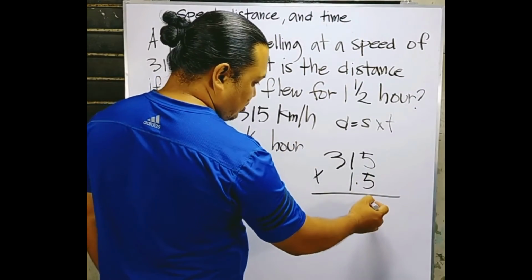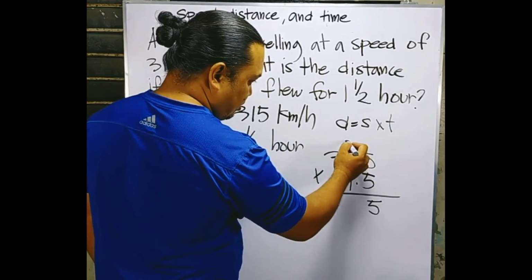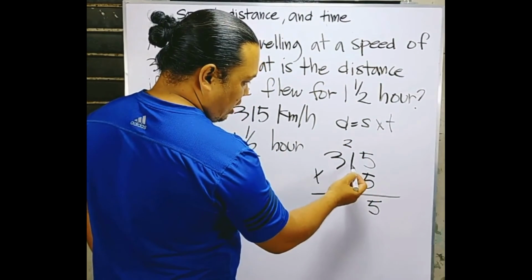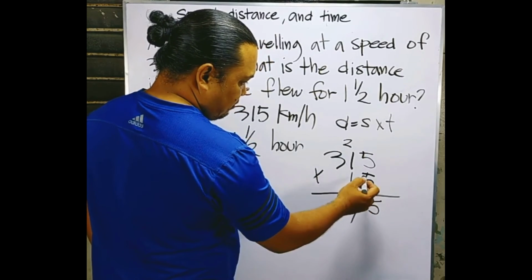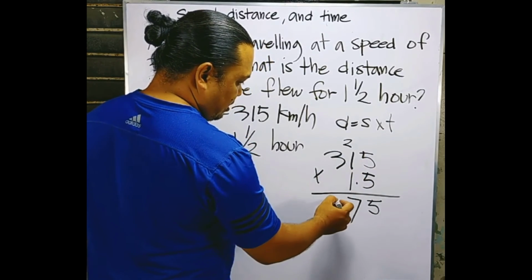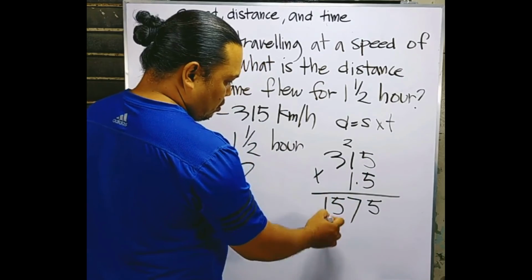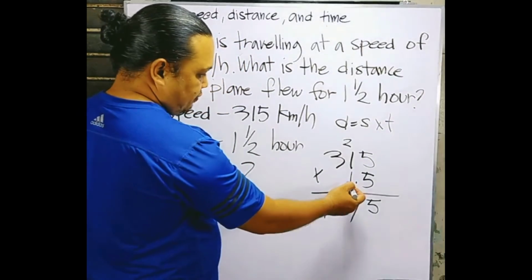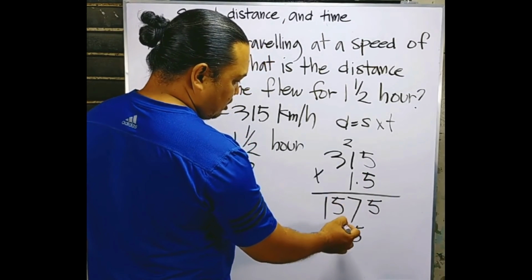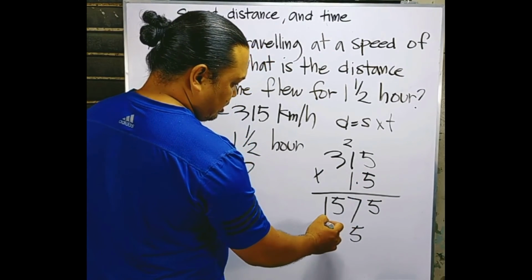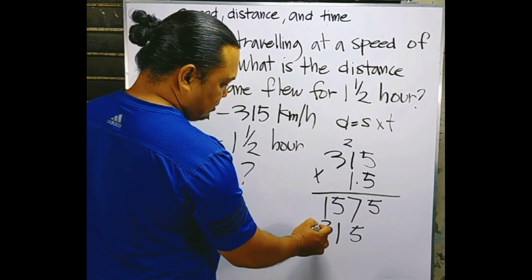5 times 5, that's 25. 5 here, carry 2. 5 times 1 is 5, plus 2, that's 7. Now 5 times 3 is 15. So 5 and 1. Now we have here 1. 1 times 5, 5. 1 times 1 is 1, and 1 times 3 is 3. And let's add.